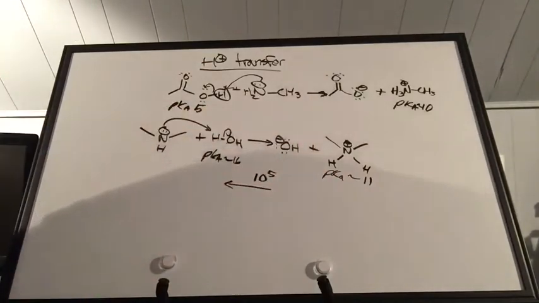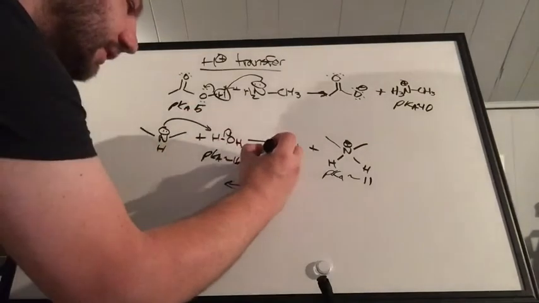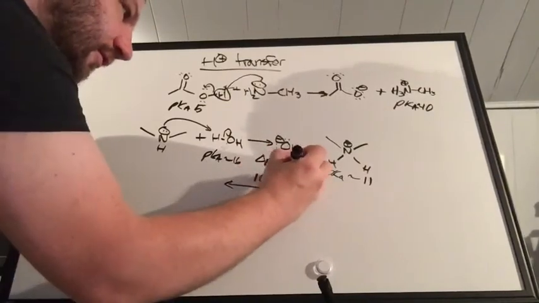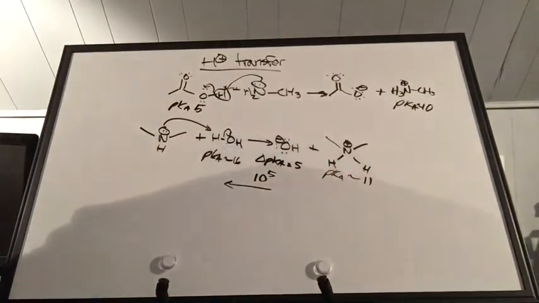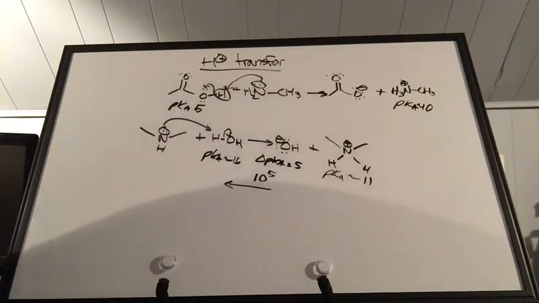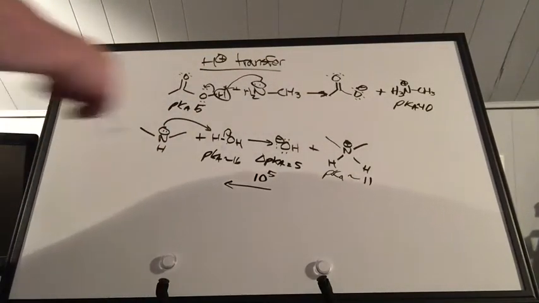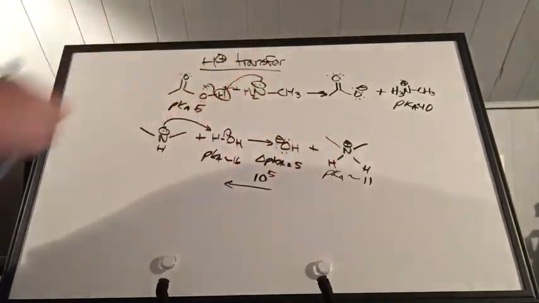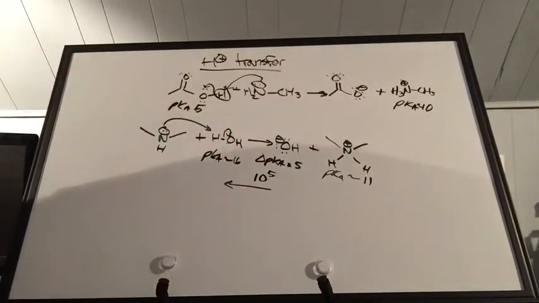It's not exactly what's reflected in your notes, but it's somewhere close. So it's going to go in the direction where there's a higher pKa value for that particular conjugate acid: the conjugate acid of OH minus picking up one of these hydrogens, to be more abundant as water on this side.